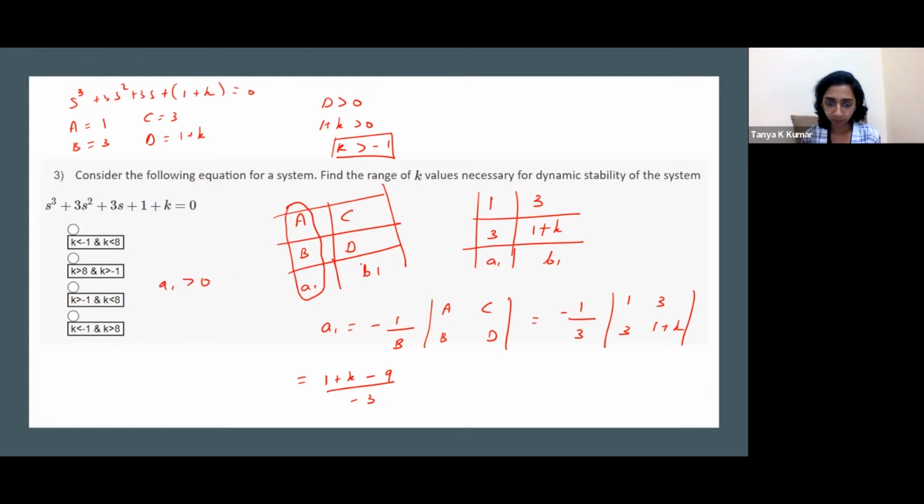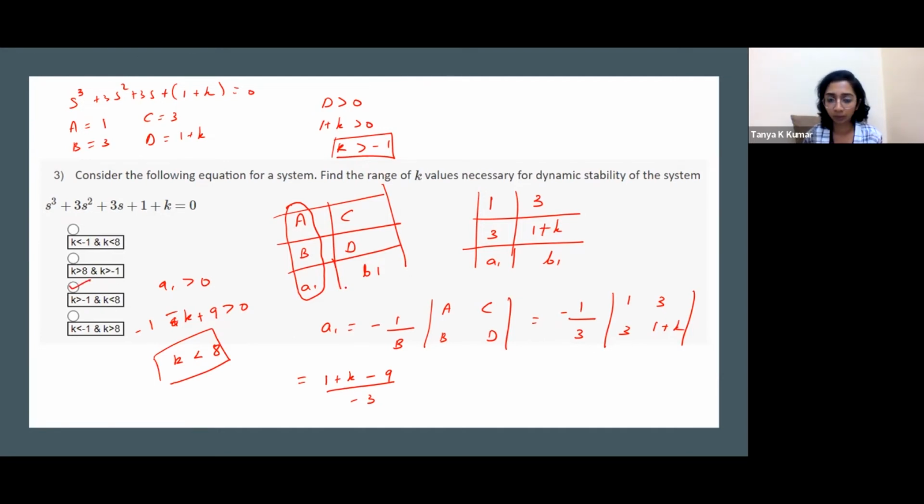That is our condition. So A1 was what? 1 plus k minus 9, okay, there is also a negative sign here. Minus, plus should be greater than 0. Okay, so k should be less than 8. This is your second condition. k should be greater than minus 1 and k should be less than 8.